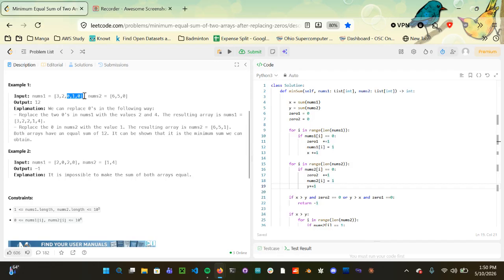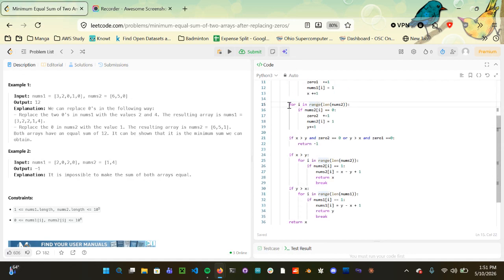So we make the value of the sum 1 greater for each zero, because if we're replacing a 0 with 1, then the total sum will grow by 1. So we replace each zero with 1, increase the sum by 1 each time, and count the number of zeros we replace. We do the same thing for nums2.